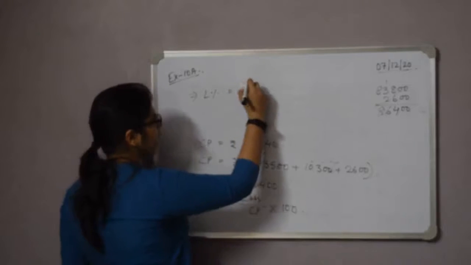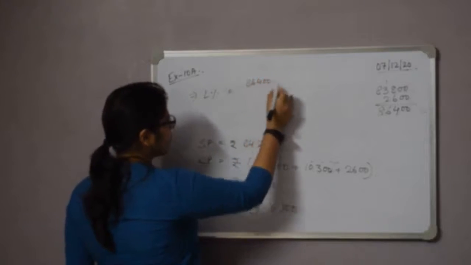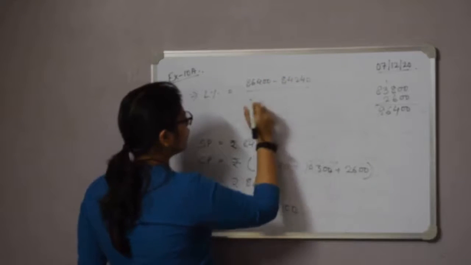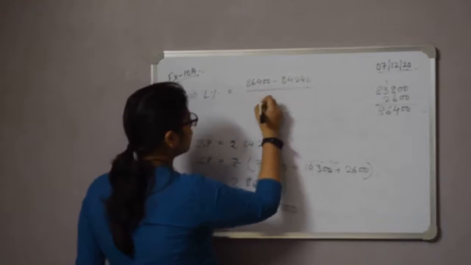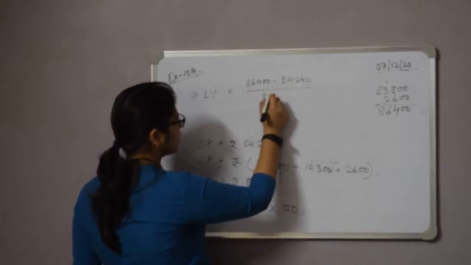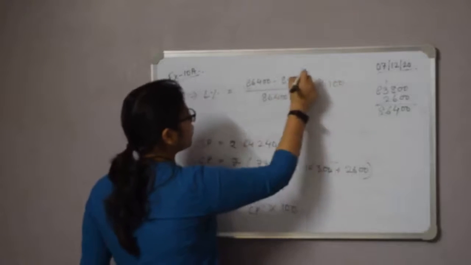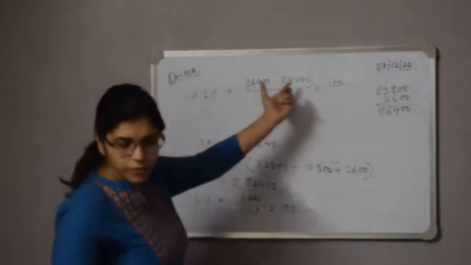So cost price we have 86400 and selling price we have 84,240. This whole thing will be calculated on the cost price, that is 86400 into 100. So now we put a bracket here. This calculation we have to do first.